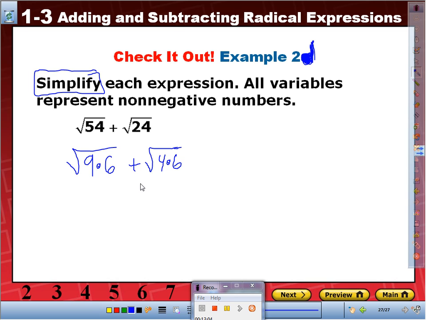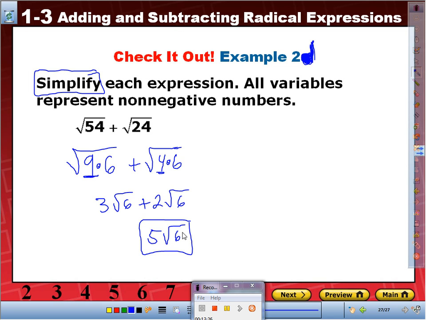Guys, remember when you simplify and you factor inside, one of them has to be a perfect square. So this becomes square root of 9 is 3 square root 6 plus 2 square root 6 becomes 5 square root 6. Everybody got it? Okay, let's continue.